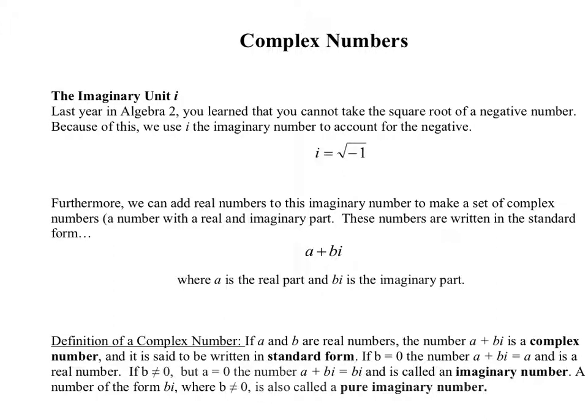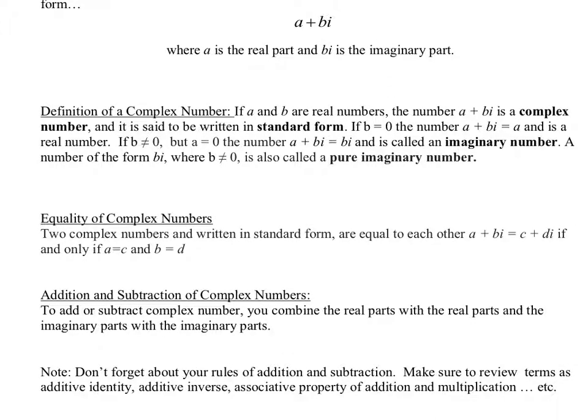These numbers are written in the standard form a plus bi, where a is the real part and bi is the imaginary part. So the definition of a complex number is, if a and b are real numbers, the number a plus bi is a complex number, and it is said to be written in standard form.